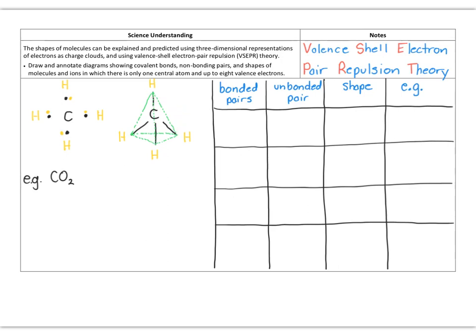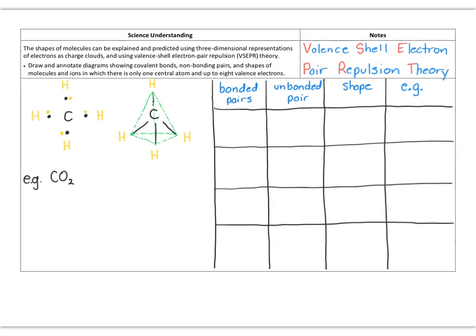It formed a tetrahedron, so it's basically made up of 1, 2, 3, 4 triangles, all the same size. So that's the basis for the shape of a lot of small molecules, because generally a lot of them will have 8 electrons in the valence shell, so 4 pairs, the 4 pairs will push away, and this will be like the skeleton of our structure.